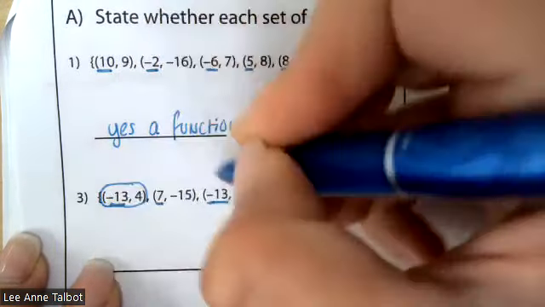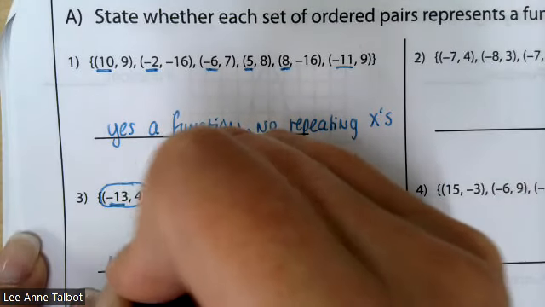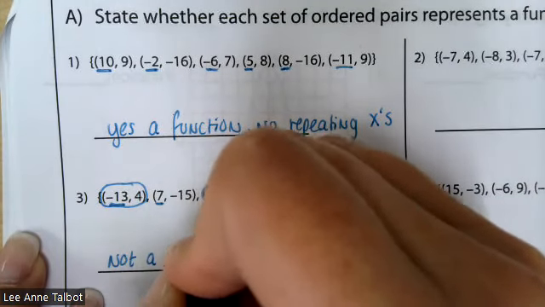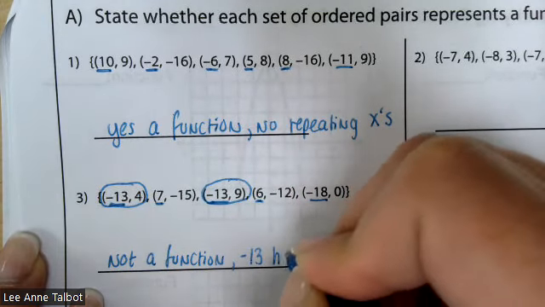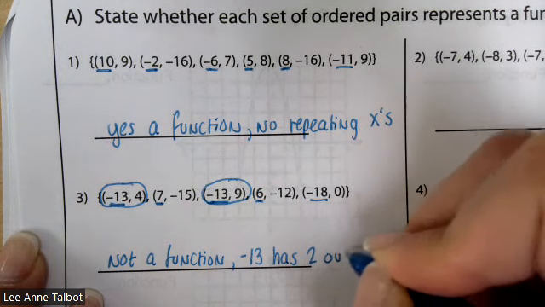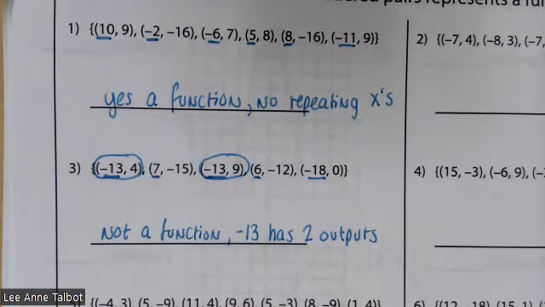So you circle, and you say, not a function, negative 13 has 2 outputs. You feel like you could finish the rest of this section.